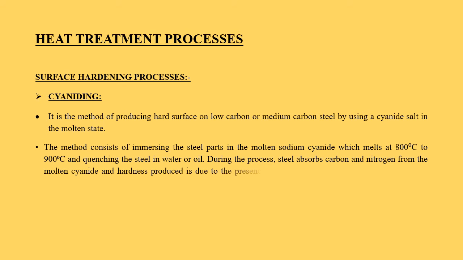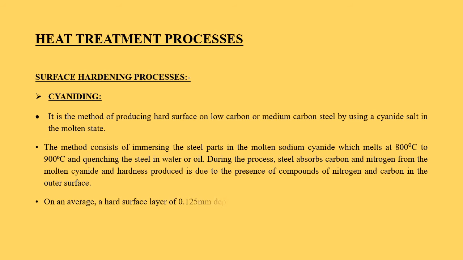During the process, the steel absorbs carbon and nitrogen from the molten cyanide, and the hardness is produced due to the presence of compounds of nitrogen and carbon in the outer surface. On average, a hard surface layer of about 0.1 to 5 mm depth is produced in a time period of about 15 minutes.